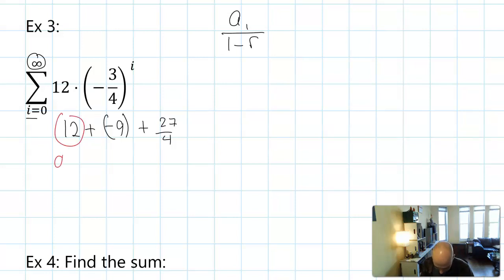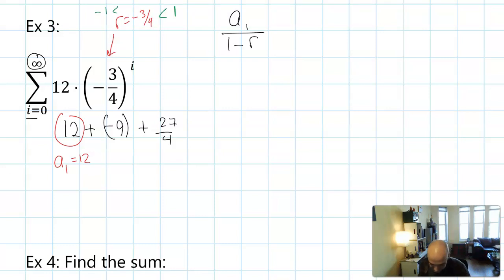a1 is 12, r is negative 3/4. Importantly, let's check that r is between negative 1 and 1. Negative 3/4 is greater than negative 1, less than 1. So that's going to work in our formula. We're allowed to use it.